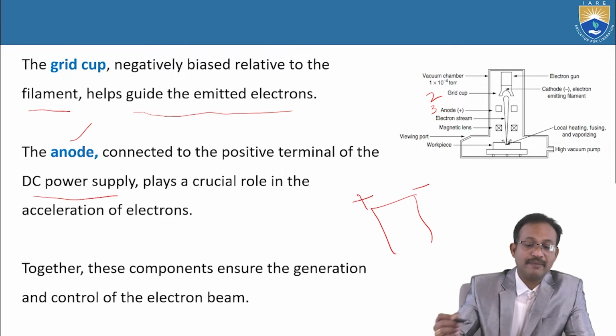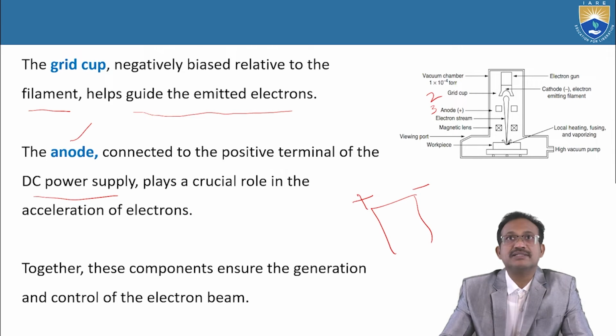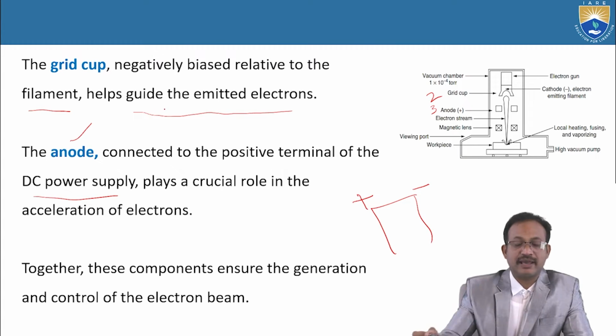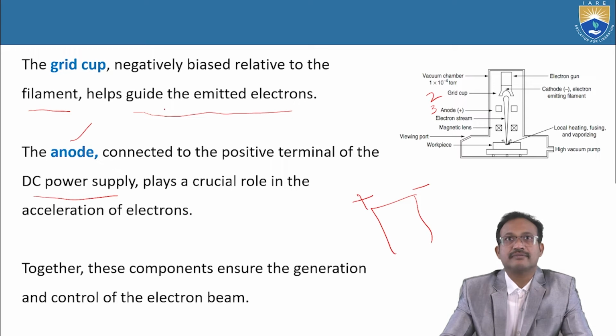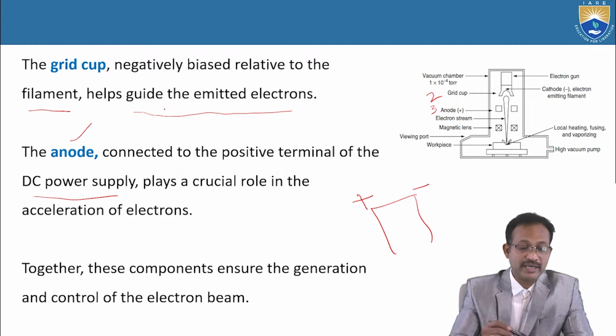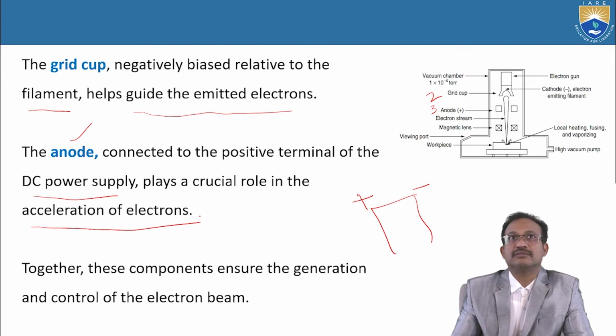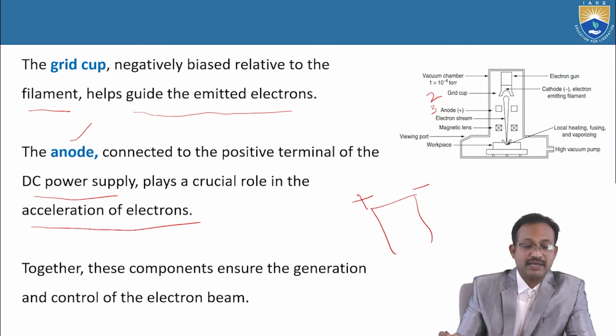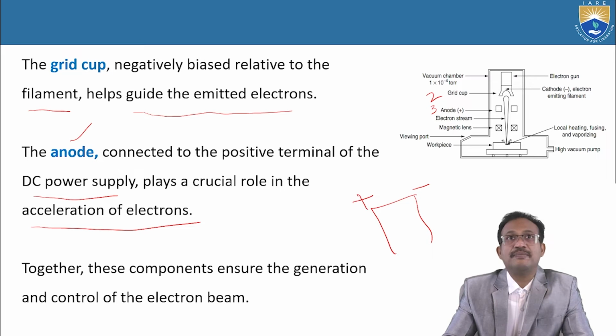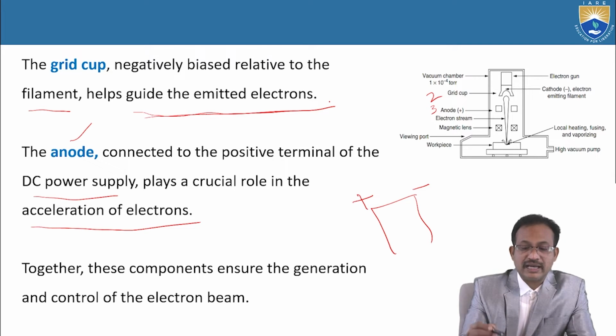The grid cup is negatively biased relative to the filament and helps guide the emitted electrons. So here the anode accelerates the electrons, and the grid cup just guides the emitted electrons.